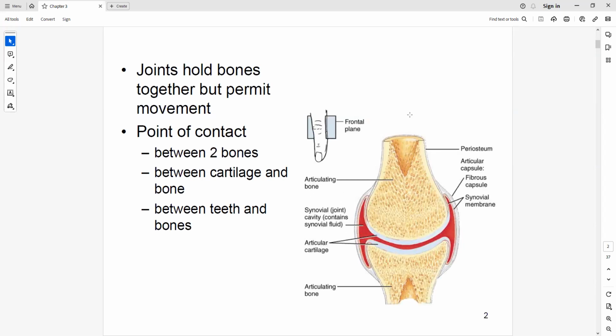So joints have the function of holding bones together, but still allowing movement. There are a number of solutions that we'll see in the body. Sometimes the holding of the bones together is just minimal, based on the corresponding shape of the bones.